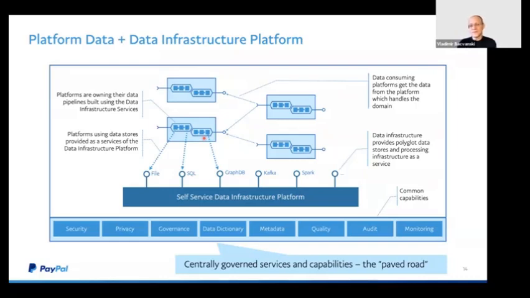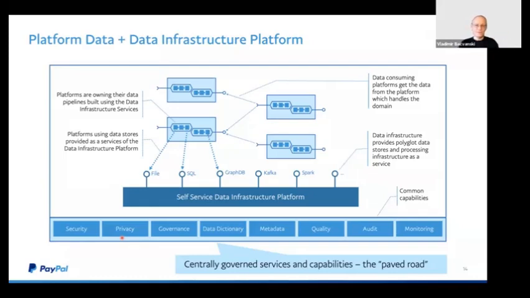The problem is you may still end up in chaos. So what you need is a very strongly opinionated set of paths. How do you want things done in your organization? And this bottom layer is a set of services and capabilities that are established by the centralized data organization in the company. And there they are defining, how do you do security? How do you deal with privacy information?